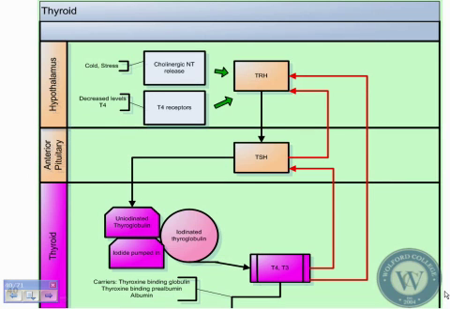This is what I've drawn here for you to sort of make it more clear than what the book has done, I think. What I've done for you is in the green is what stimulates it. Things like cold stress lead to cholinergic neurotransmitter release, which then causes the thyroid releasing hormone to be released, and decreased T4 levels, because T4 receptors are located in the brain, of course in the hypothalamus, which then induces the release of thyroid releasing hormone.